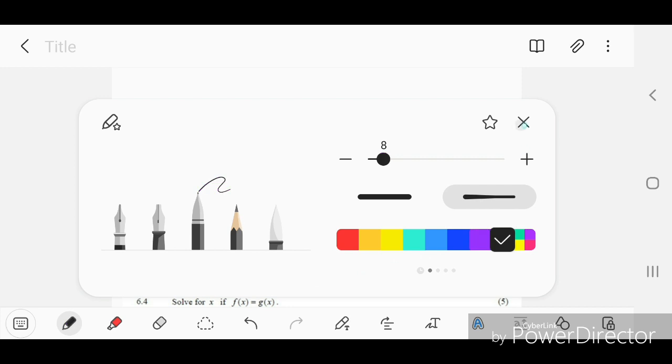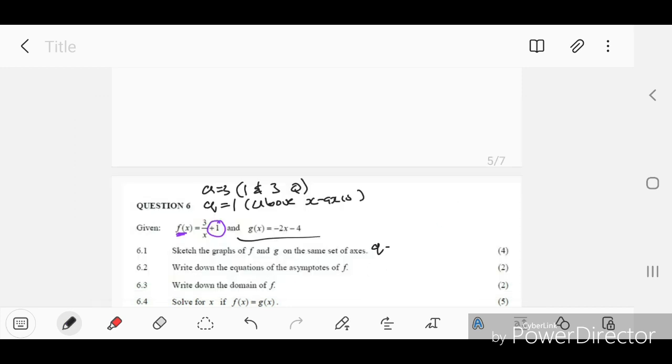Another way to say it is y equals 1. It's the same thing. The answer is for this question: q equals 1 or y equals 1.